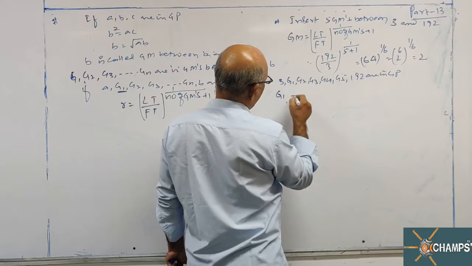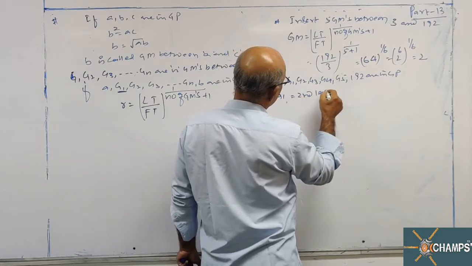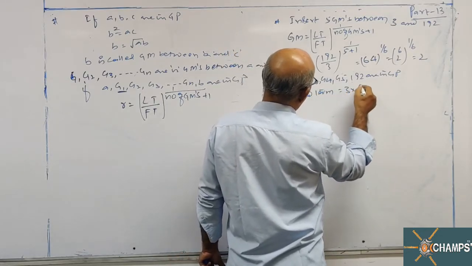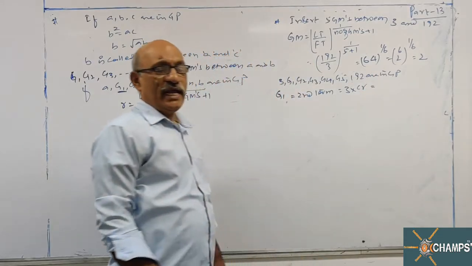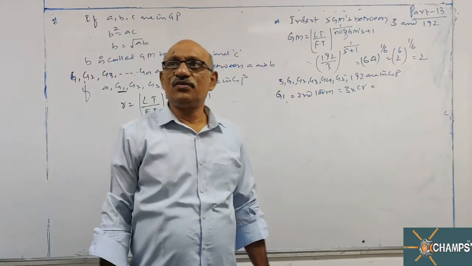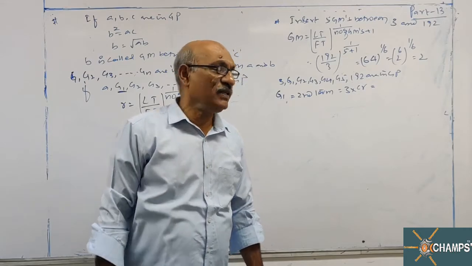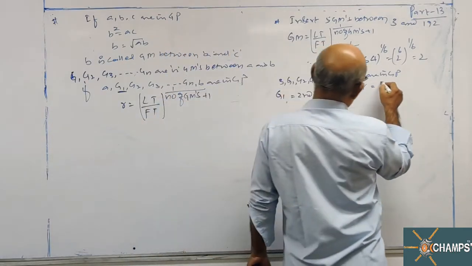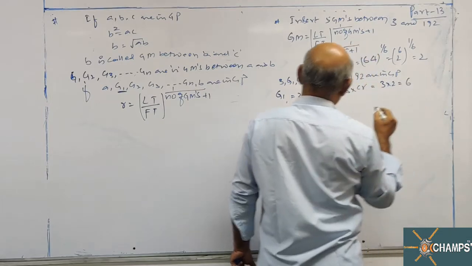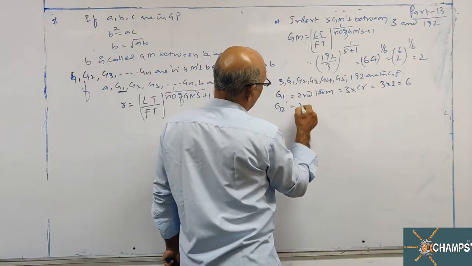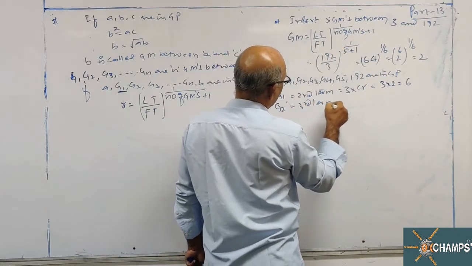G1 is equal to second term, 3 into common ratio. In a geometric progression, the succeeding term is obtained by multiplying the preceding term with the common ratio. So this is equal to 3 into 2, 6. G2 is equal to third term.